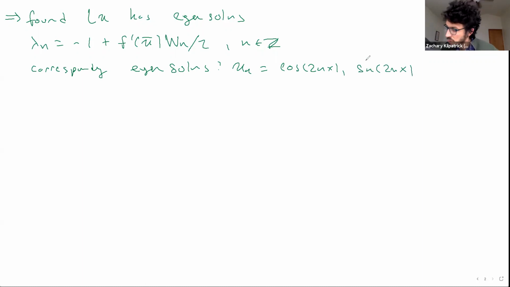Okay, so both of these eigen solutions share the same eigenvalue, and you can plug that in and show that.